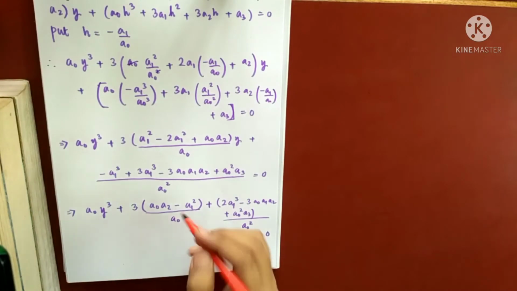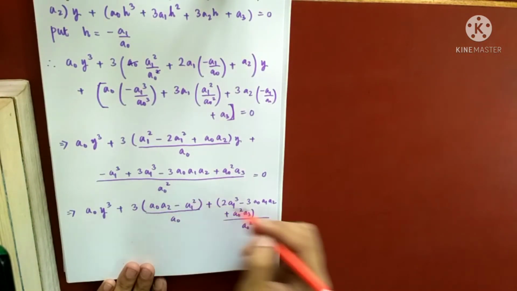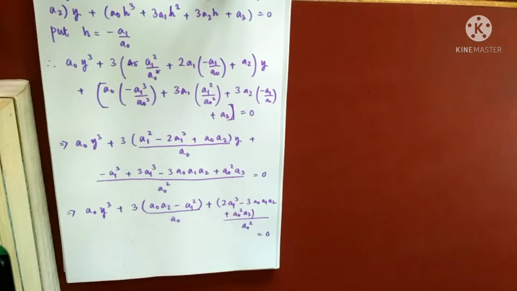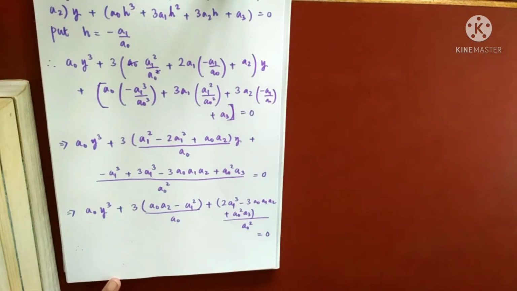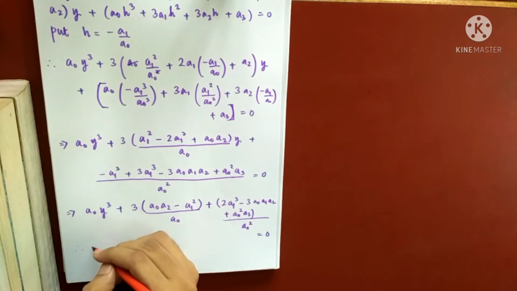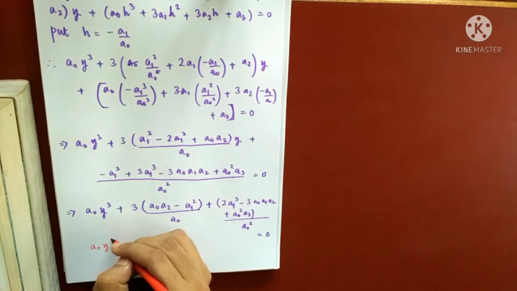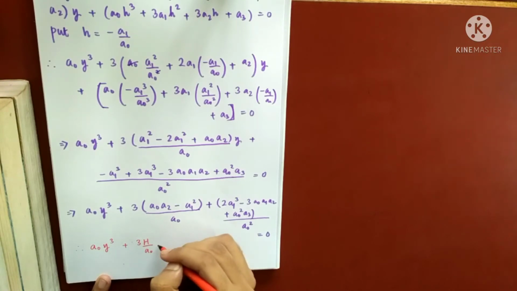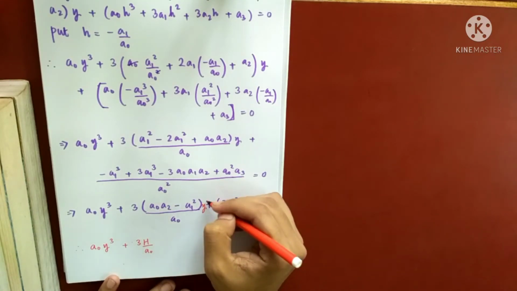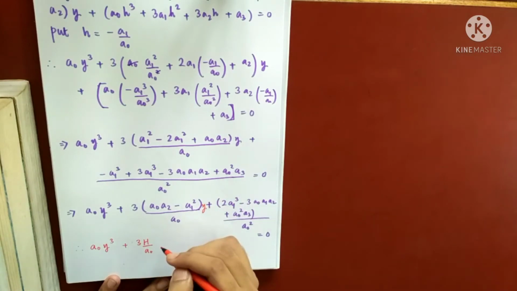So now just put this quantity as suppose h and put this quantity as suppose g. So what will this become then? Therefore I have a naught y cube plus 3h by a naught, sorry, there should be a y, yes, there was a y, I forgot to copy.